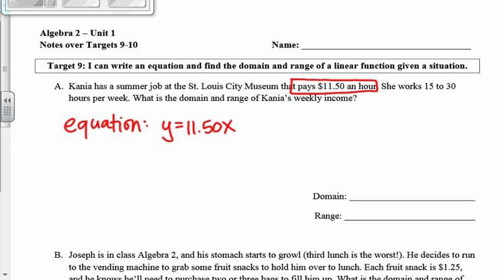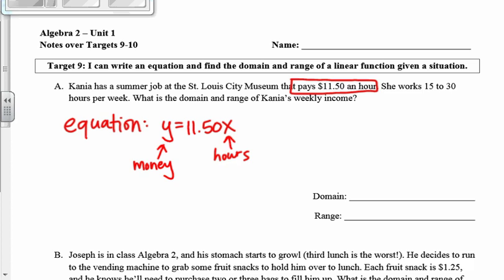So just to define what x and y mean in this situation, x would be the hours that Kanaya works. So it's $11.50 per hour. And then y in return would be the amount of money that Kanaya is bringing in, or her income, I could have also written.